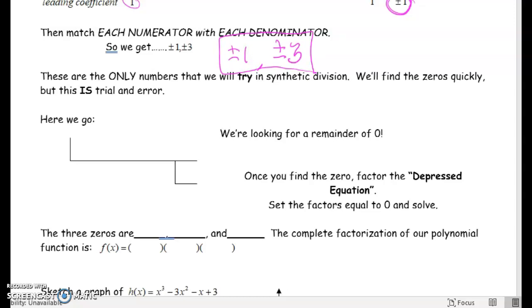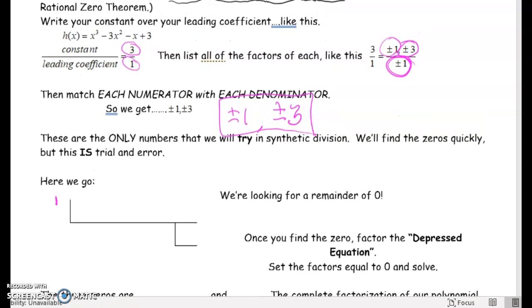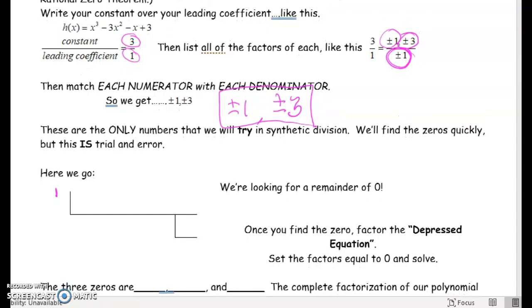So here we go. We're looking for a remainder of 0. Let's try positive 1. So remember, we bring down the coefficients only. So let me go back to the original problem right here.